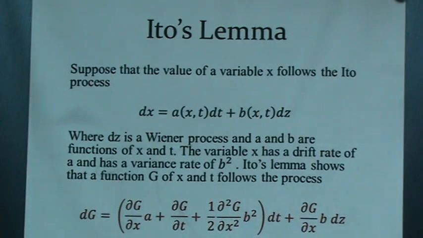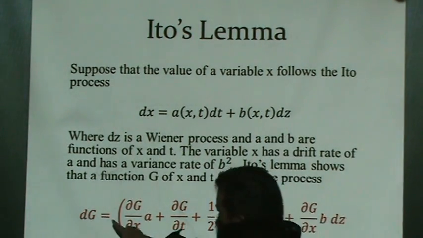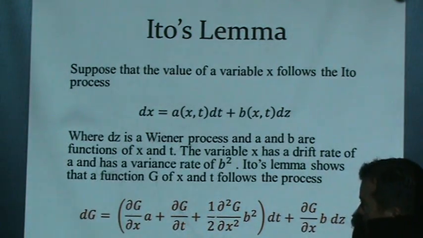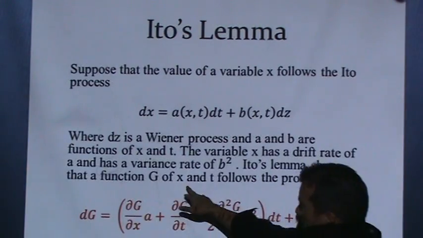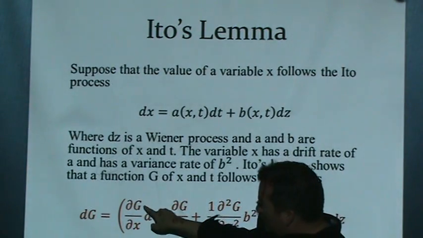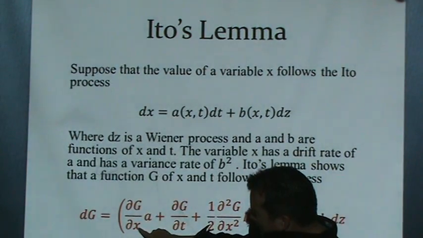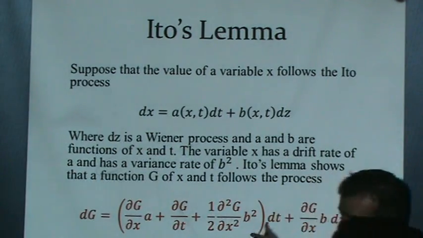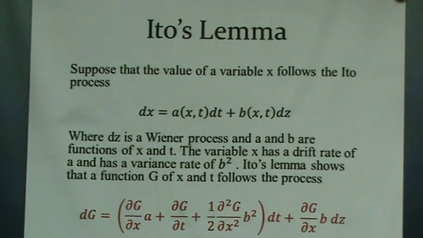Everywhere you see a g here, change them to f for forward. Like I said, g is just any function we can make up that uses x as input. If you change the g's to f's and the x's to s's on that last formula, this statement about our forward price is true. This is the thing Ito proved. This will be true in all cases.